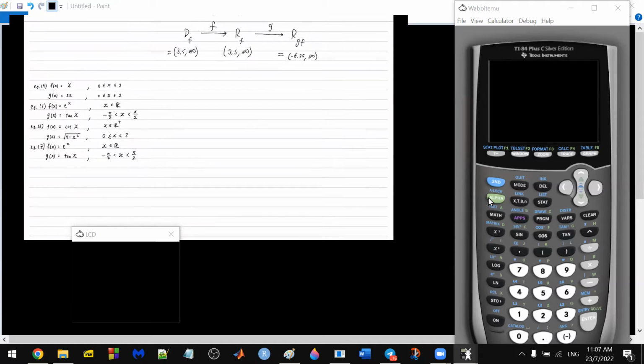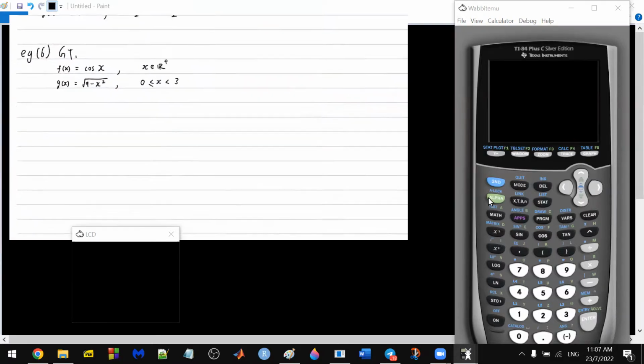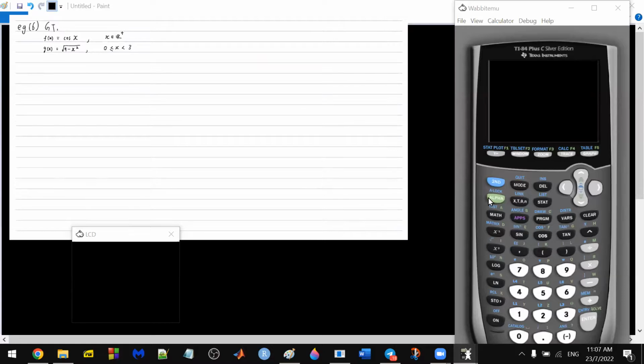Look at example 6. I need more space. So let's take a look at example 6. We have two functions, fx equals cosine x and gx equals square root of 9 minus x squared. They tell you that for the fx function, the domain is x an element of all positive real numbers, so don't include negative, don't include 0. Then gx will be 0 less than or equal to x less than 3.